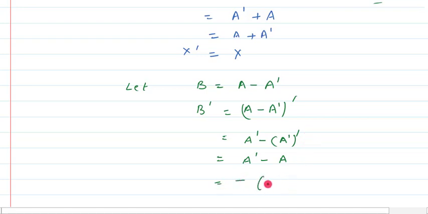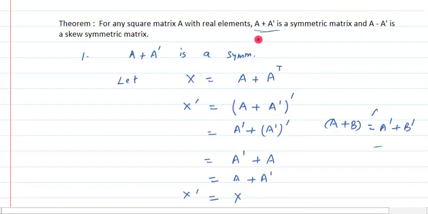Now we can take minus common out of the two and we are left with A minus A transpose, and A minus A transpose is B. So we can write this as minus B. So we have proved that B transpose is equal to minus B, which is the condition for a skew symmetric matrix. So therefore we have proved the theorem that A plus A dash is always a symmetric matrix, and A minus A dash is always a skew symmetric matrix.